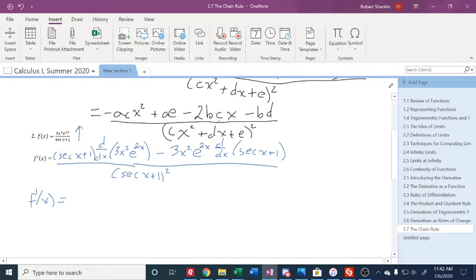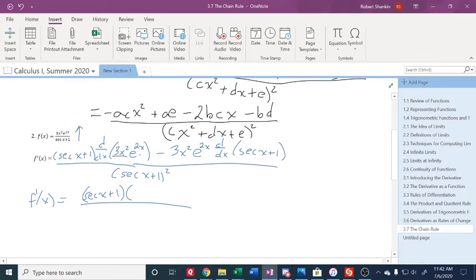alright, so inside this part, I'm going to put these two together, and that'll be the first, and that'll be the second. A constant can go with either one. So this is going to be unchanged.